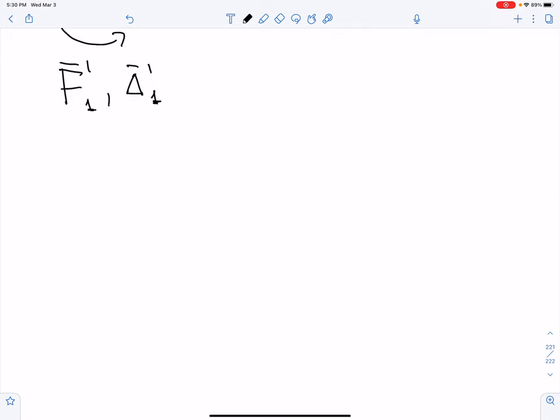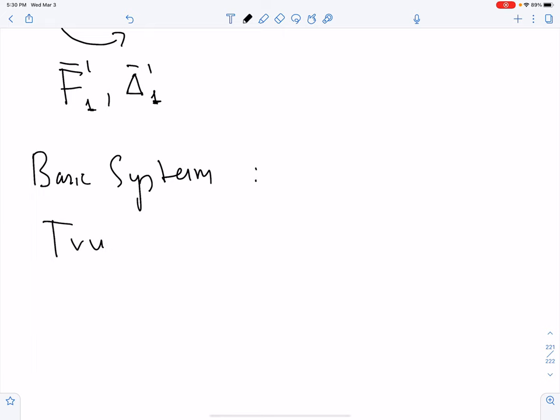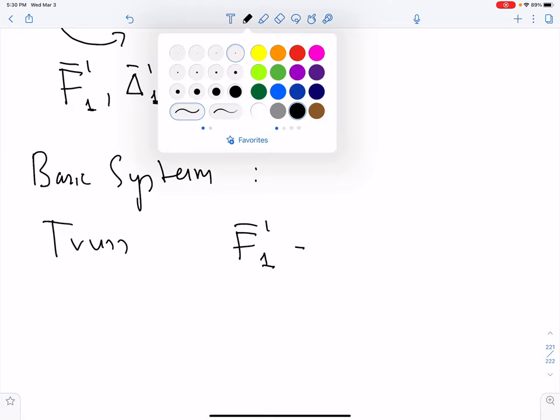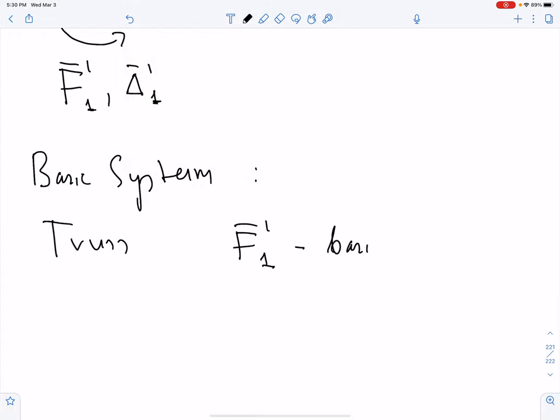All right, so to summarize, basic system. For the truss, all we have is F prime 1, which is basic axial force, and accordingly, delta over bar prime 1, which is basic axial displacement, and we talked about this at length.